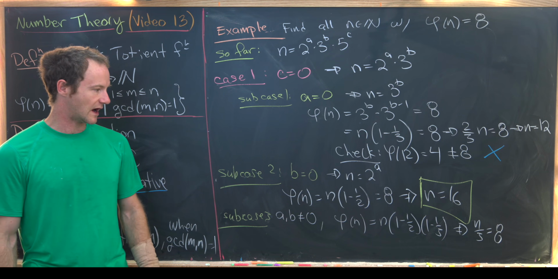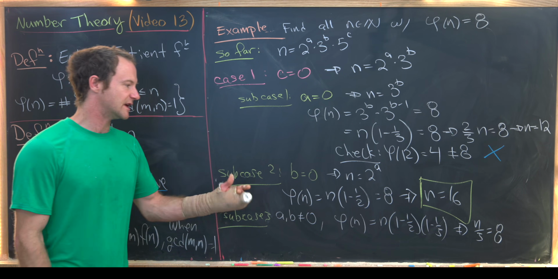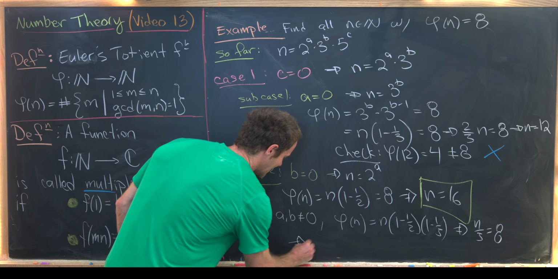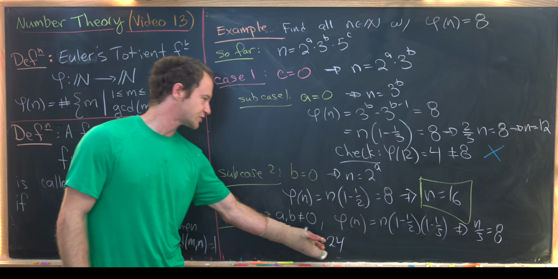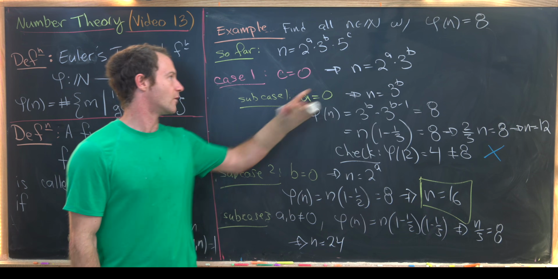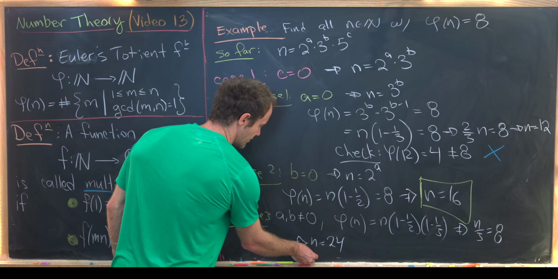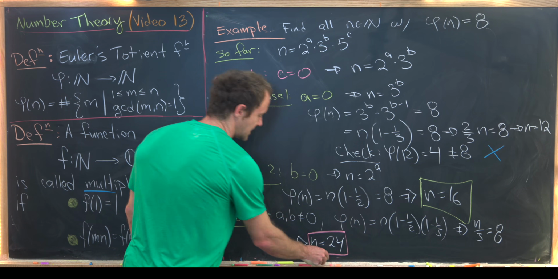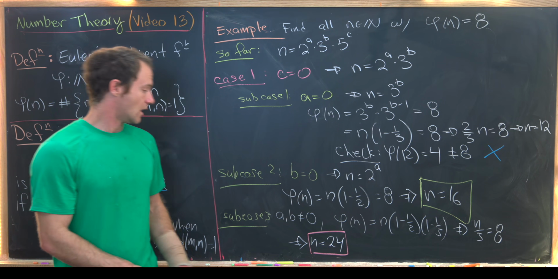Well, you might say, why that? Well, that's just from standard multiplication of rational numbers there. But if n over 3 is equal to 8, that tells us that n is equal to 24. But notice 24 is most definitely of the form 2^a times 3^b. But you can also just run it through and see that phi of 24 is also equal to 8, which was our goal.